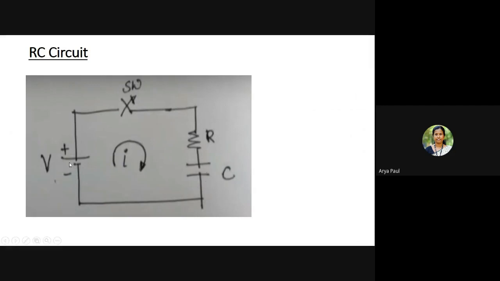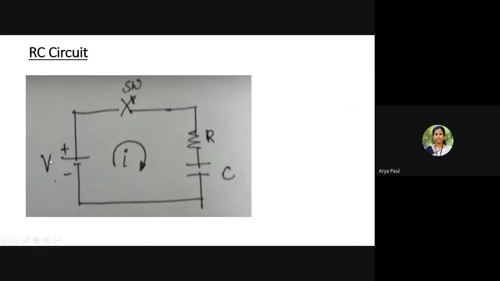But a current is flowing because this is a closed circuit, so current can flow through the resistor. So what is the current? The entire voltage V is directly applied across the resistor because the capacitor voltage is 0. It won't accept a sudden change.